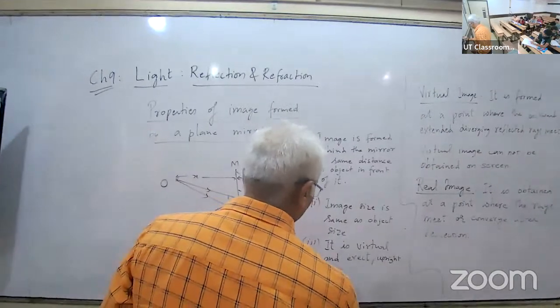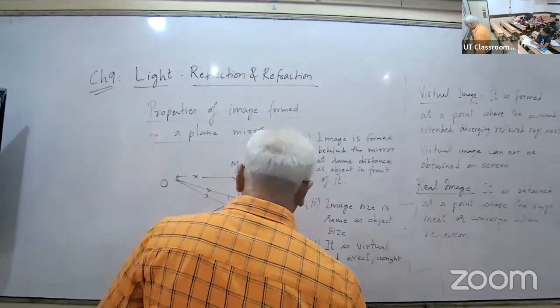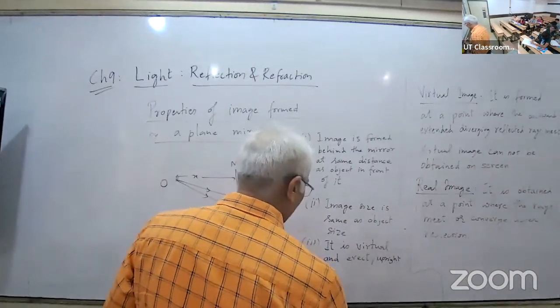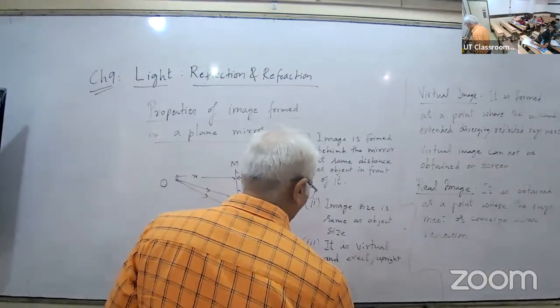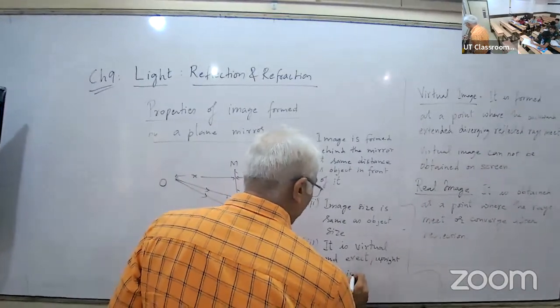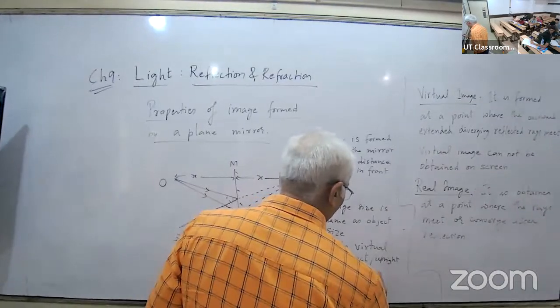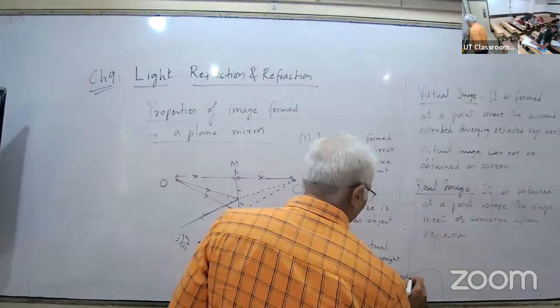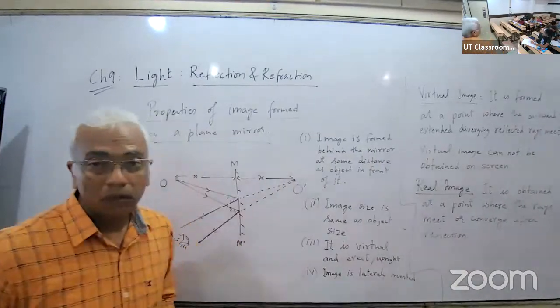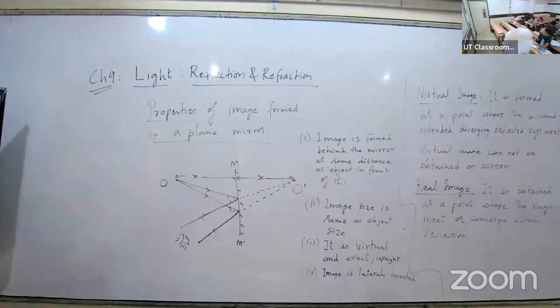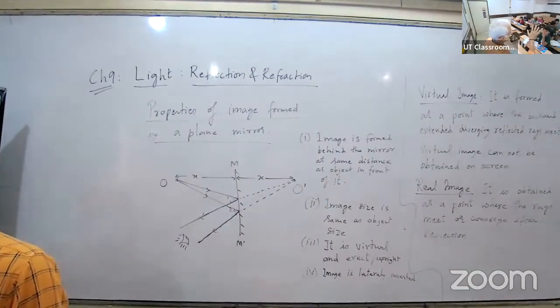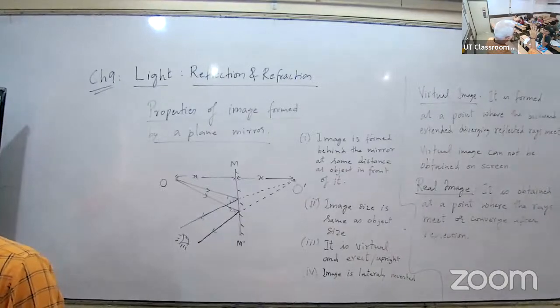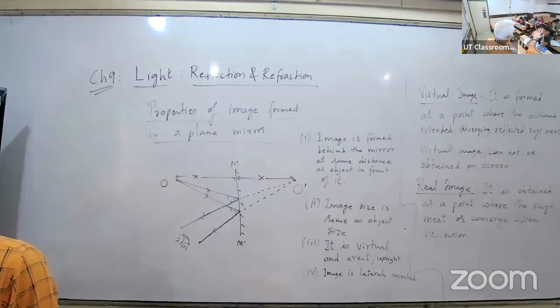The image is laterally inverted. What does it mean? What is the meaning of lateral inversion? When you see your image, your left becomes right and right appears left in the image.